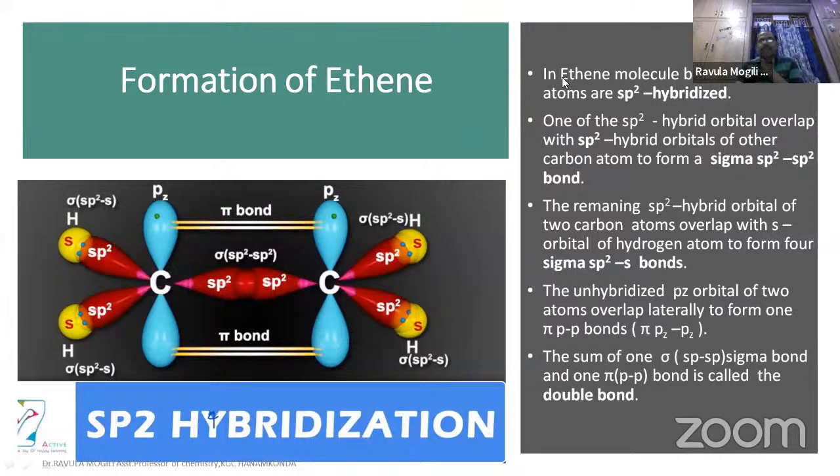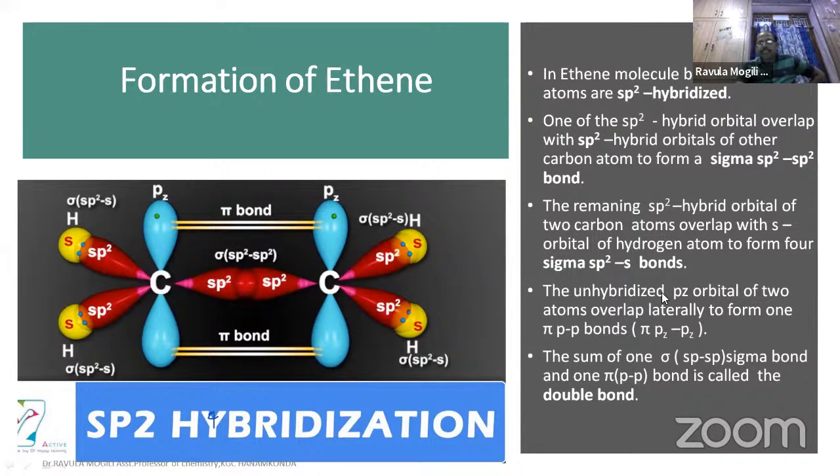In the ethene molecule, both carbon atoms are sp2 hybridized. One of the sp2 hybrid orbitals overlaps with the sp2 hybrid orbital of the other carbon atom to form a sigma sp2-sp2 bond. The remaining sp2 hybrid orbitals of the two carbon atoms overlap with the s orbitals of hydrogen atoms to form 4 sigma sp2-s bonds.